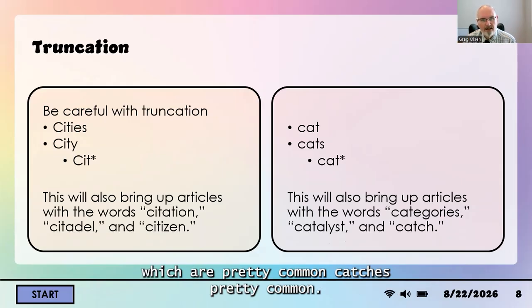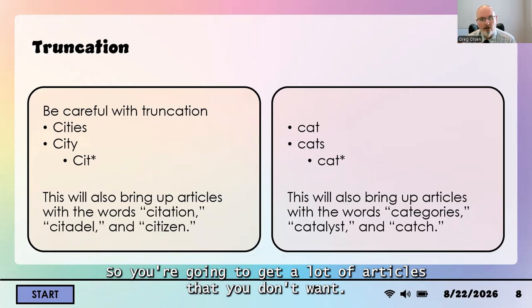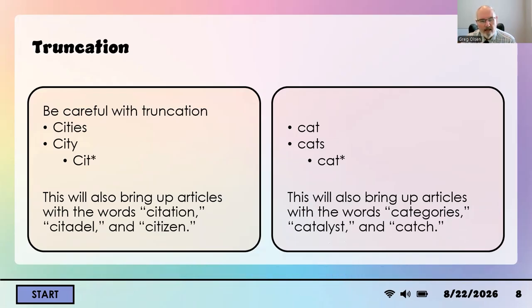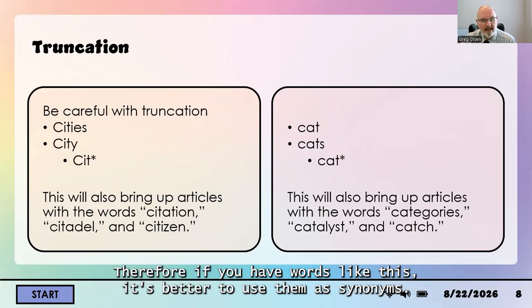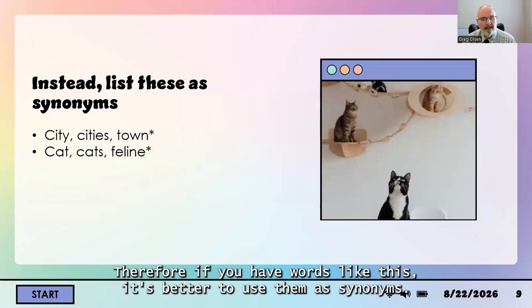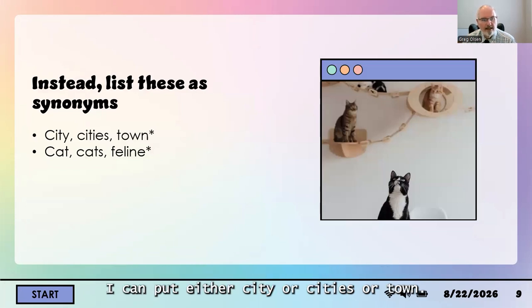Catch is pretty common. So you're going to get a lot of articles that you don't want. Therefore, if you have words like this, it's better to use them as synonyms. I can put either city or cities or town, either cat or cats or feline.